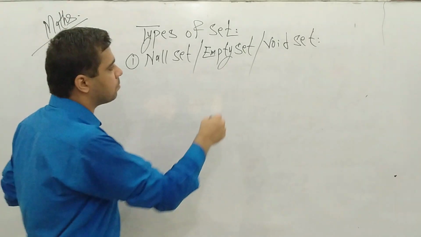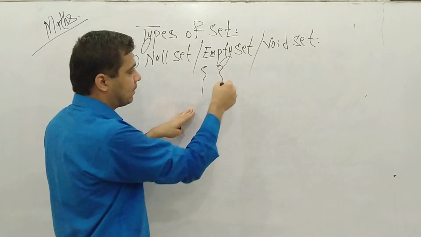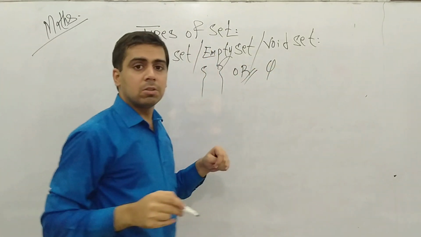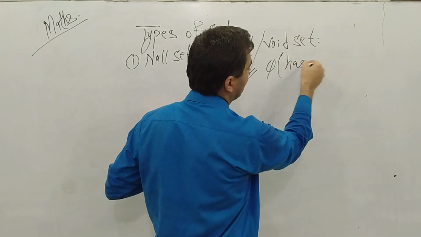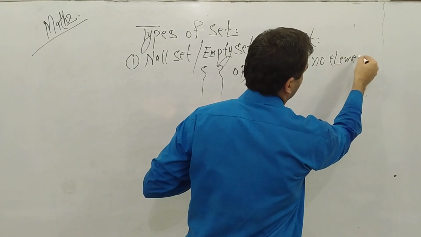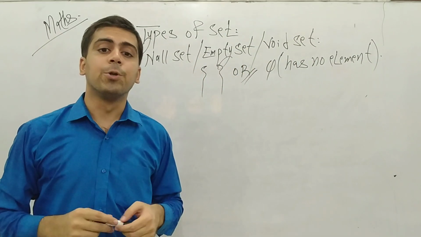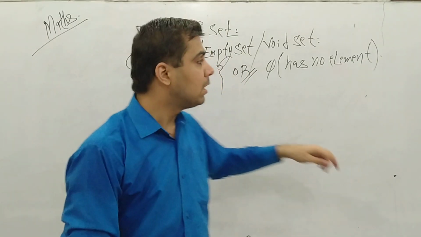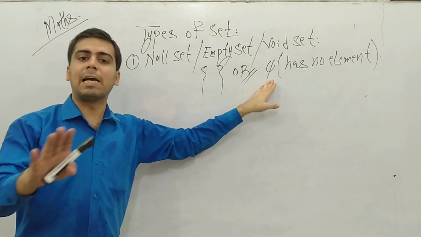It is always written with curly brackets or braces, or this sign. It means it has no element of any kind, no limit. A null set is that kind of set which has no element present in it. The null set is always denoted by this sign or this sign. Both are the same thing.